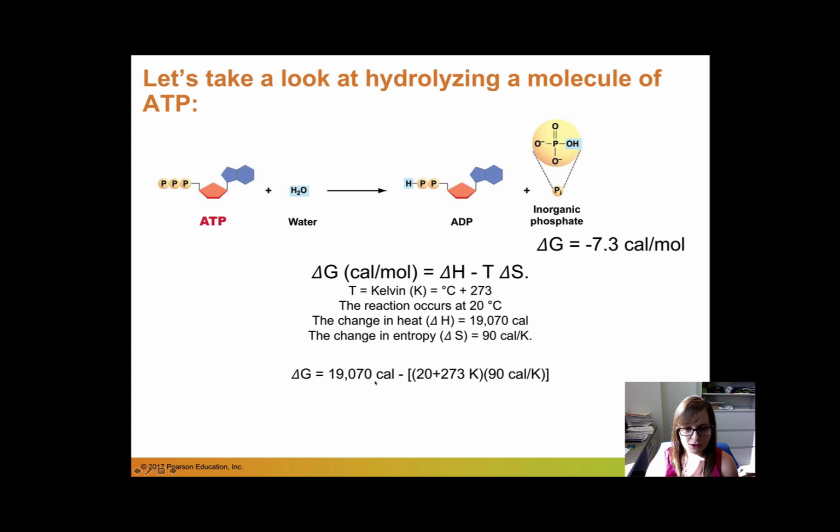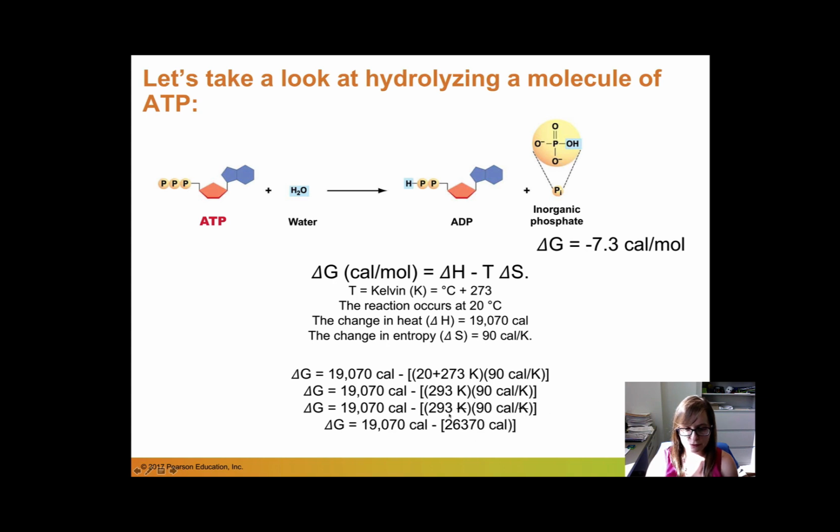So we'll start with plugging in our values. So we have here our delta H, which we'll plug in here, and then we'll subtract that from the temperature, which is 20 plus 273, multiplied by the delta S. Okay, so here I just combined the temperature to be 293 Kelvin, and then our Kelvin canceled out. So we're left with calories on this side, and we can multiply these together.